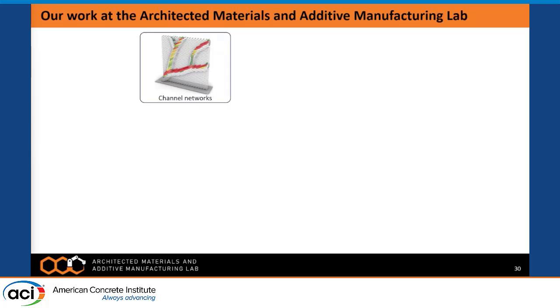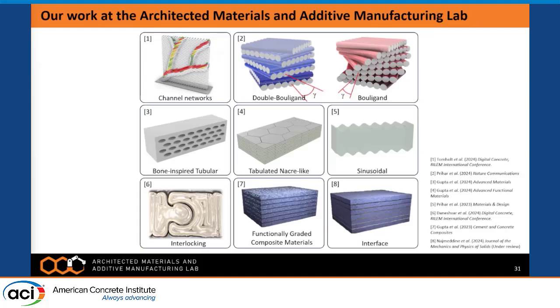Lastly, I'd like to highlight that my work on 3D printing of channel networks is only one of the many architected materials that our lab has been investigating. As a bit of background, architected materials are materials that have tailored geometries, giving them properties that exceed those of their constituent materials.